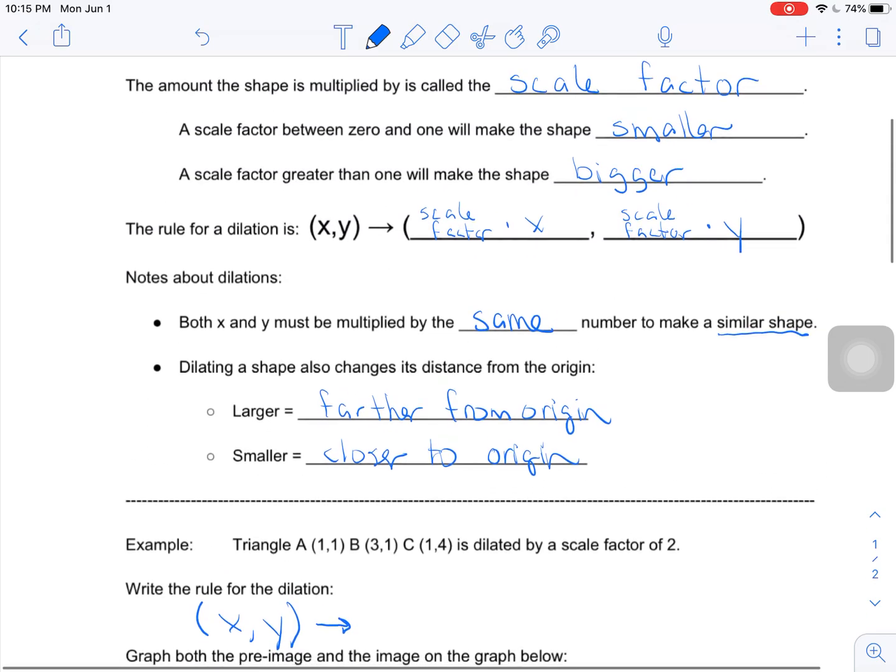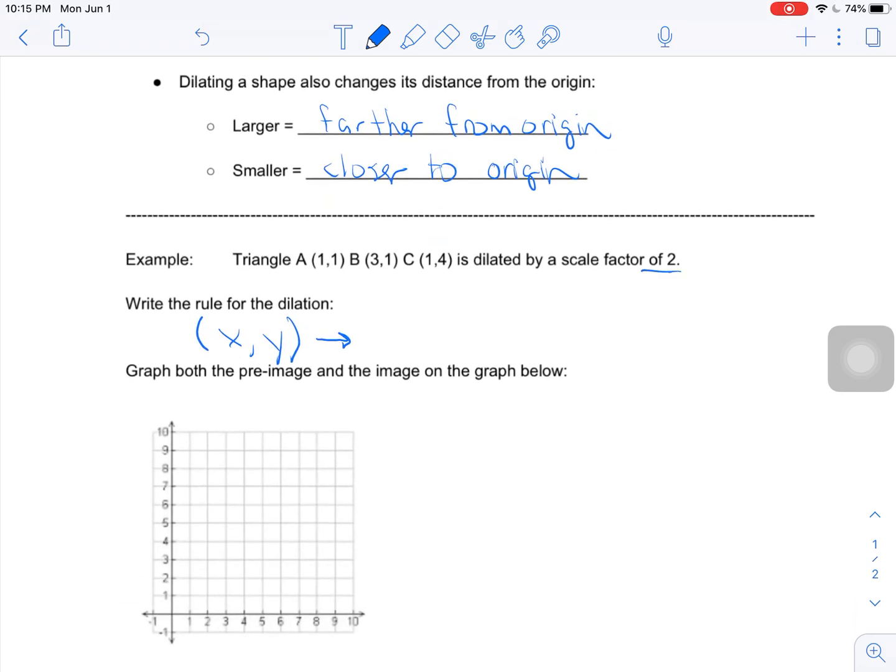And we said our outline for the notation is to multiply x and y by whatever our scale factor is. Since our scale factor is 2, the rule would be (x, y) arrow (2x, 2y): multiply x by 2, multiply y by 2. So you can take the scale factor and turn it into a dilation rule or a transformation rule.